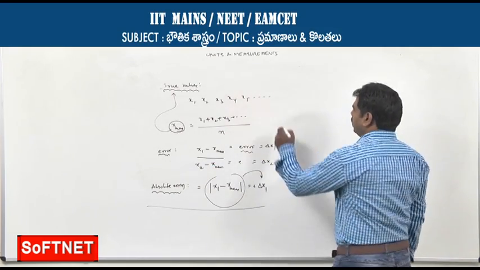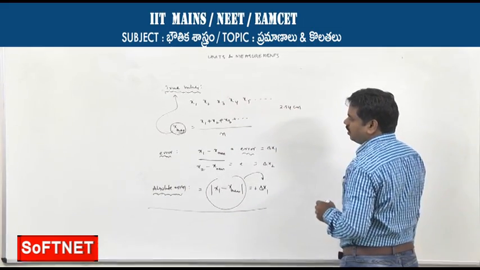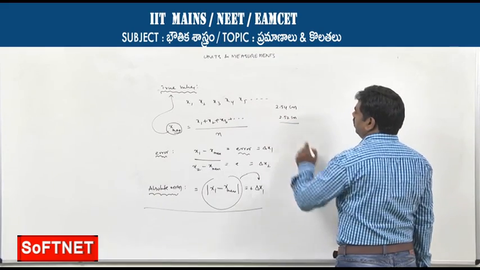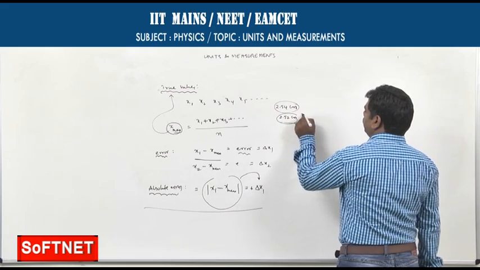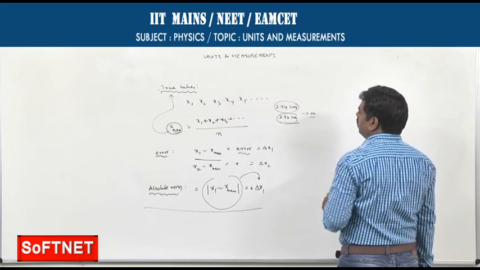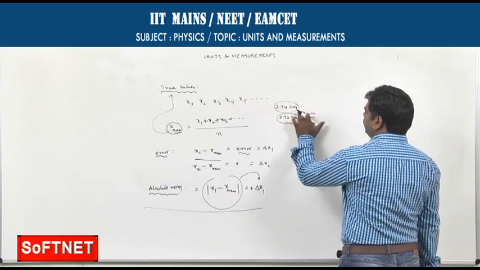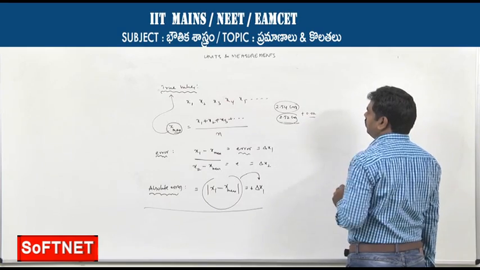For example, if the true value is 2.54 centimeter and the measured value is 2.52 centimeter, the difference between the measured value and the true value will be minus 0.02, or the difference between the true value and the measured value is plus 0.02. Say this is a positive error.